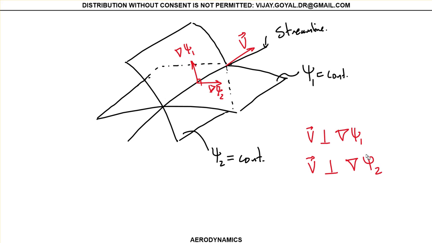It is important to understand that the two gradients are not perpendicular to each other, by the way. This one is perpendicular to this surface, and this one is perpendicular to this surface.